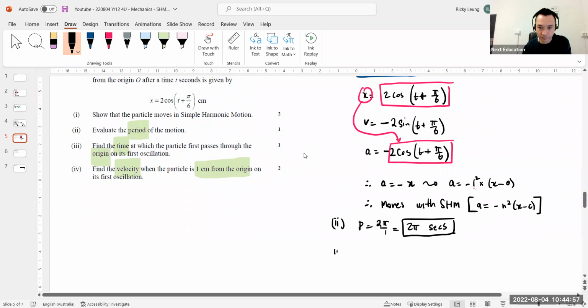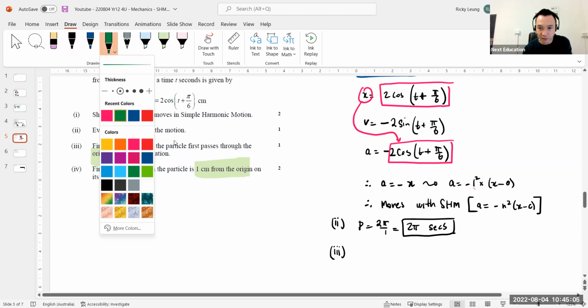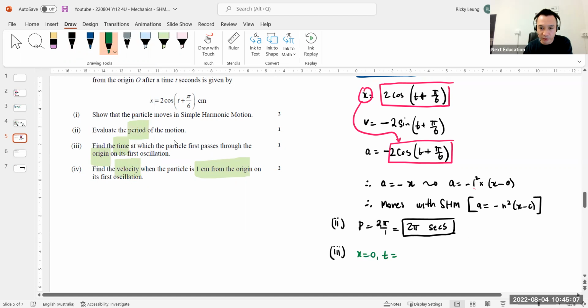Part 3. Find the time, so the time which it passes through the origin, right? So let's write down the buzz stuff that I know. x equals 0, time equals question mark, right? So I'm going to sub x equals 0 into the displacement formula. Let's do that now. So 0 equals 2 cos, and this is the first time.